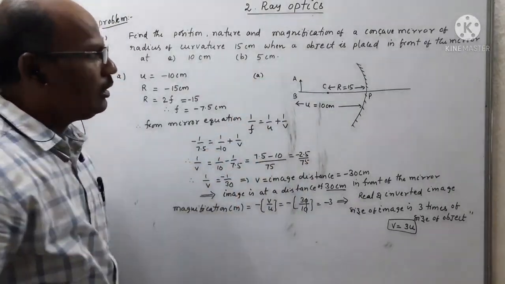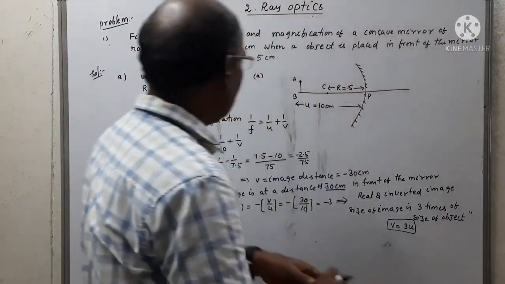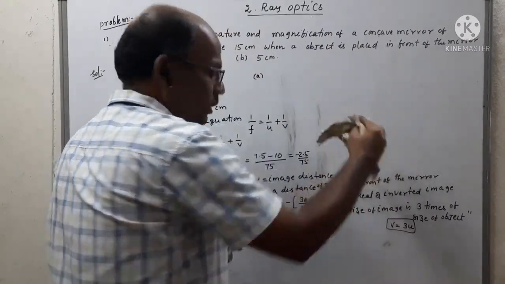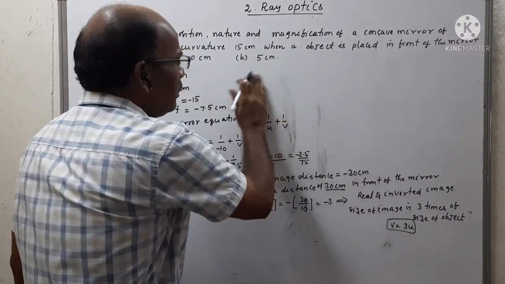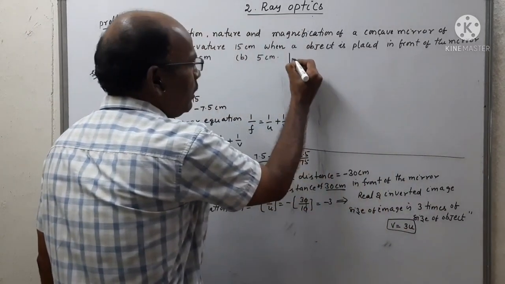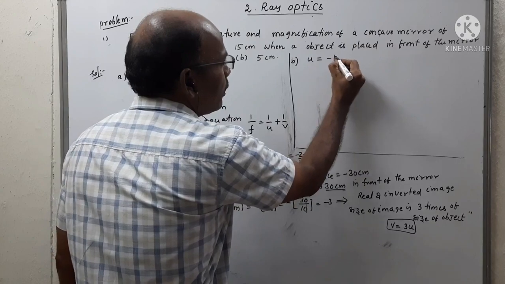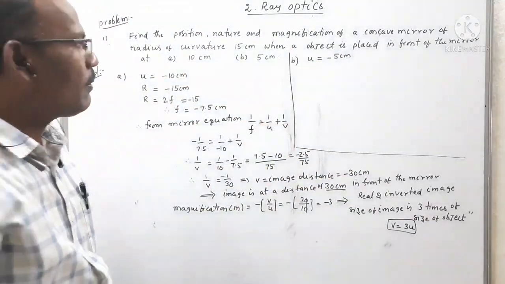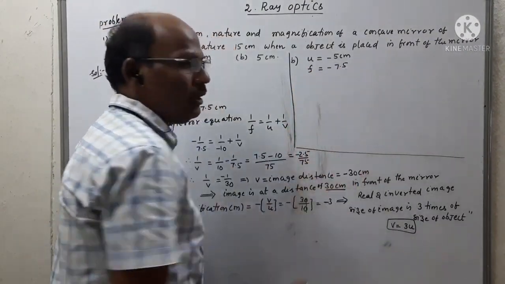So for the second case, we apply the same procedure to find the value of v and the magnification, and whether the image is real or virtual. Coming to the second one, here u is equal to minus 5 centimeters, in front of the mirror, and focal length is already given as minus 7.5.